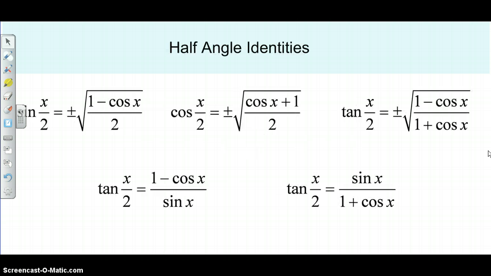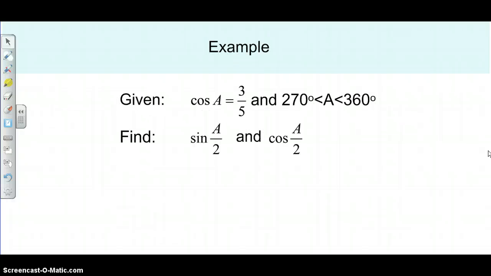And here are the half angle identities. Please pause your video and write these down. And we're going to use those to solve some problems. So the first one I'm going to find is sine of a over 2.